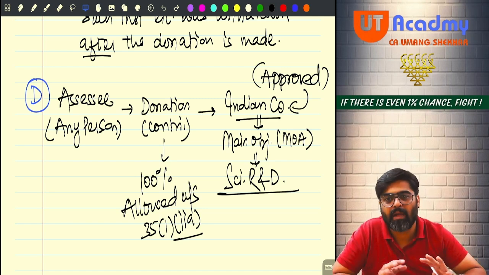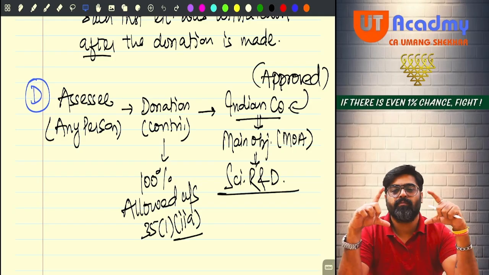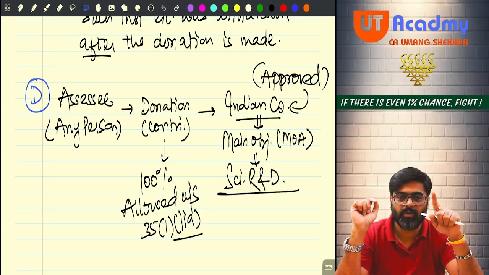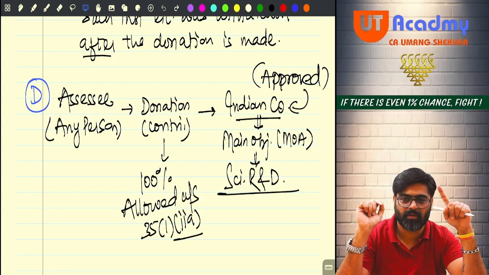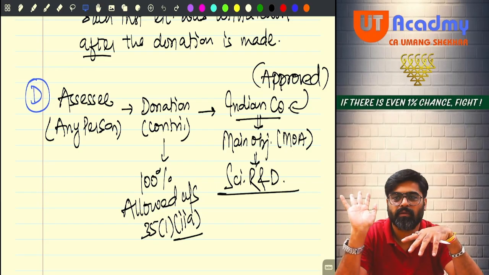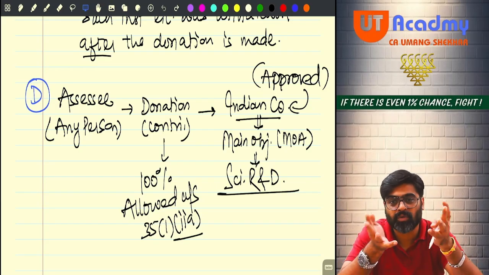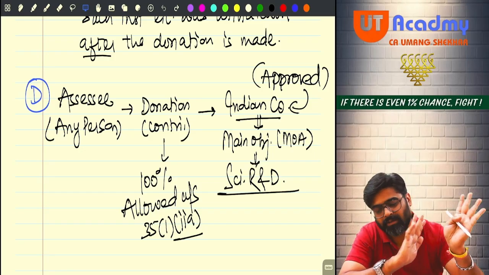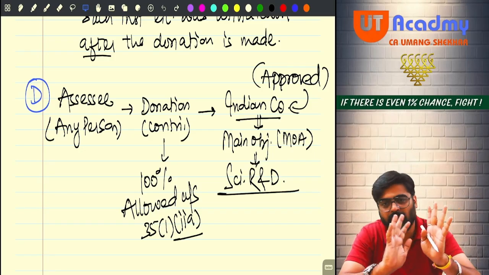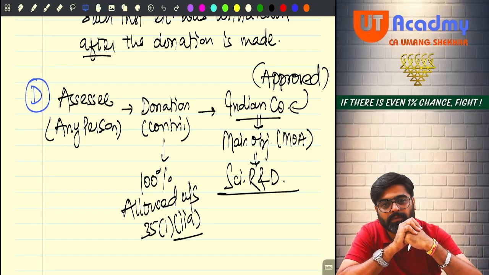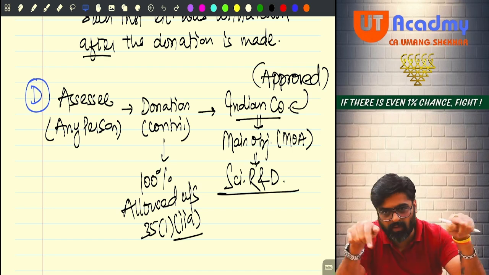Now, if I had wanted, I would have made a small table: allowed, not allowed, allowed, allowed, not allowed, not allowed. That's it, I would have gone. But you would not have understood this section holistically. You would have just thought, okay, this is allowed, this is allowed. But you would not have got this much understanding of the section. Now you have got the full understanding.